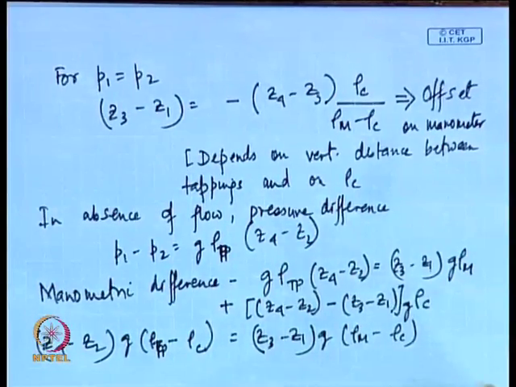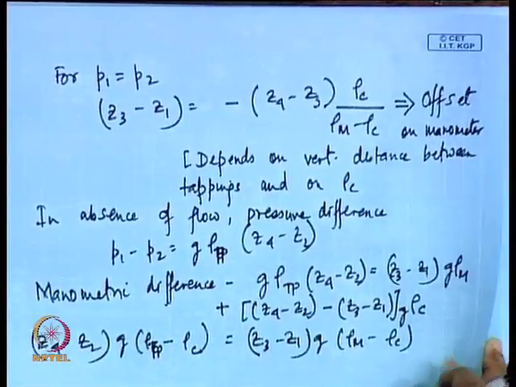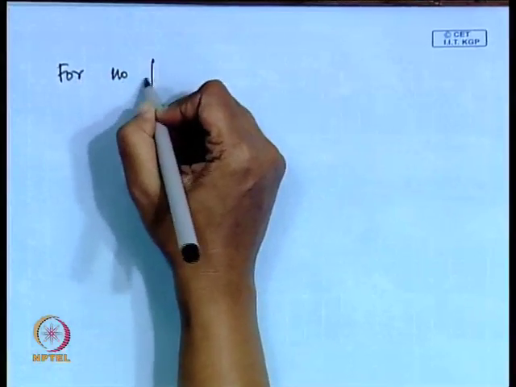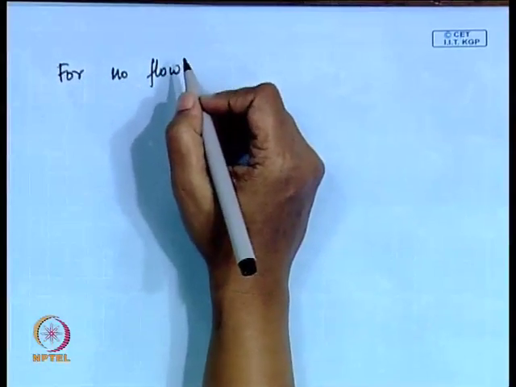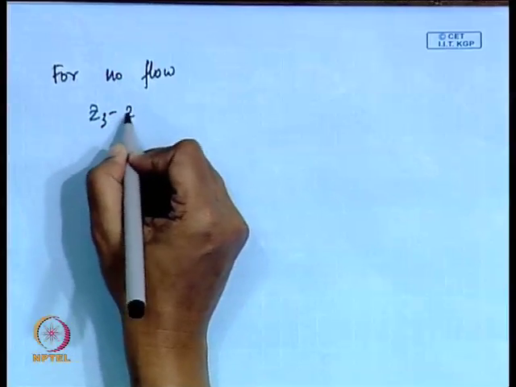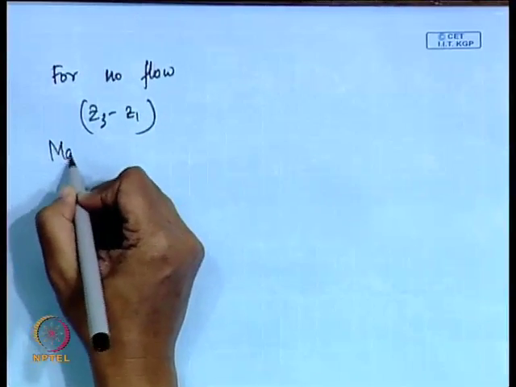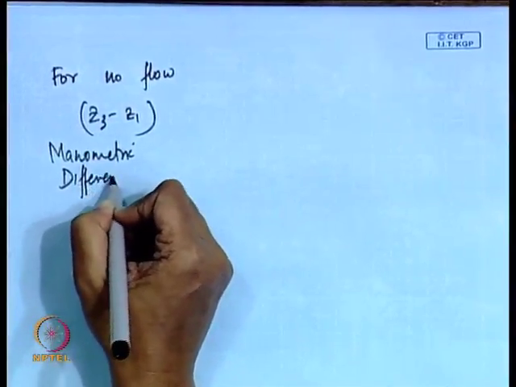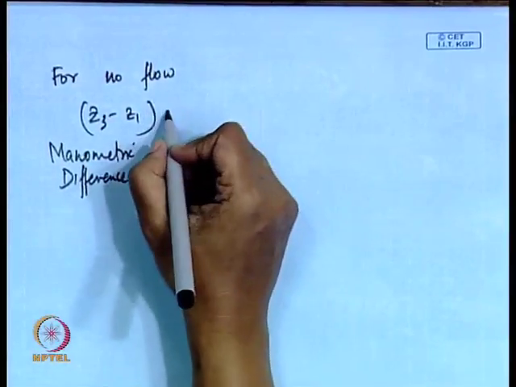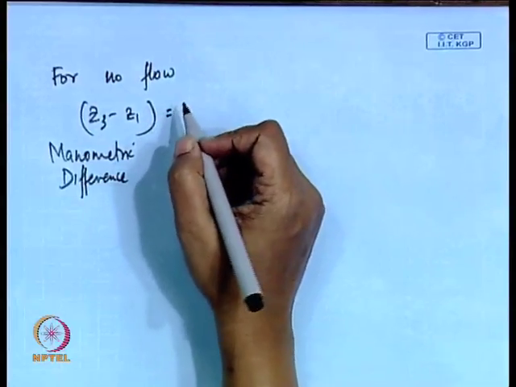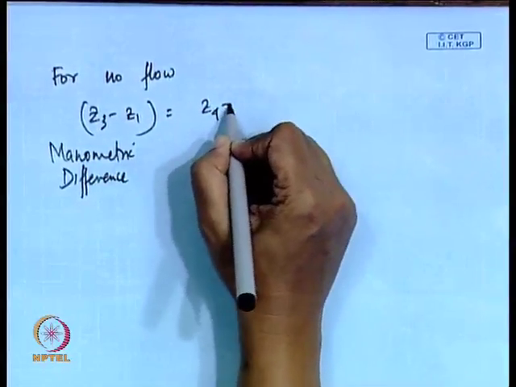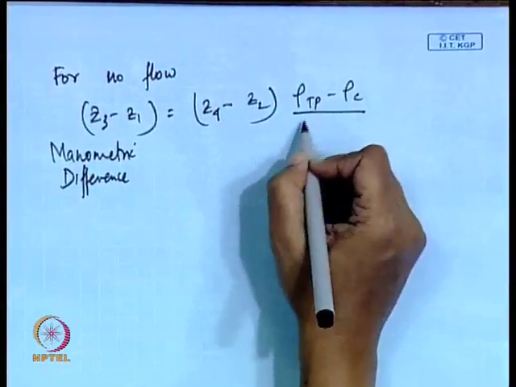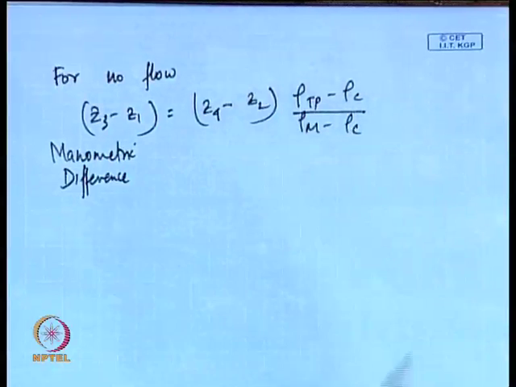Or in other words, when there is no flow in the pipe, for no flow we get Z3 minus Z1, which is nothing but the manometric difference. That means, when simply the two phase mixture is standing there, we should get Z3 minus Z1 equals Z4 minus Z2 into rho Tp minus rho C by rho m minus rho C.